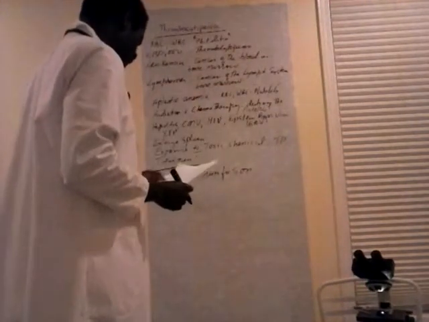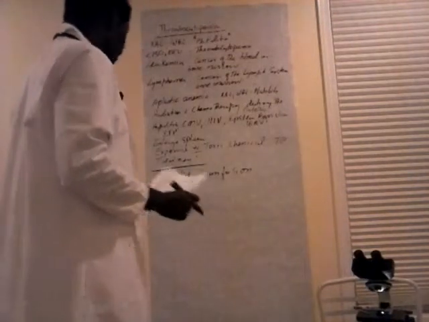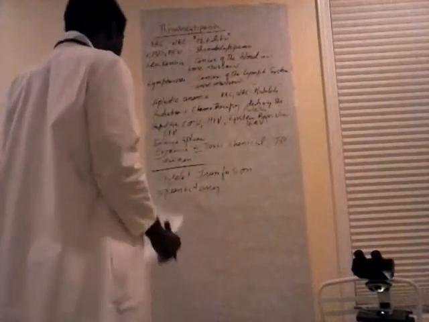We can also treat thrombocytopenia by what we call platelet transfusion, in the case of a very low or extreme platelet count. And splenectomy, that is in the treatment, the removal of the spleen.